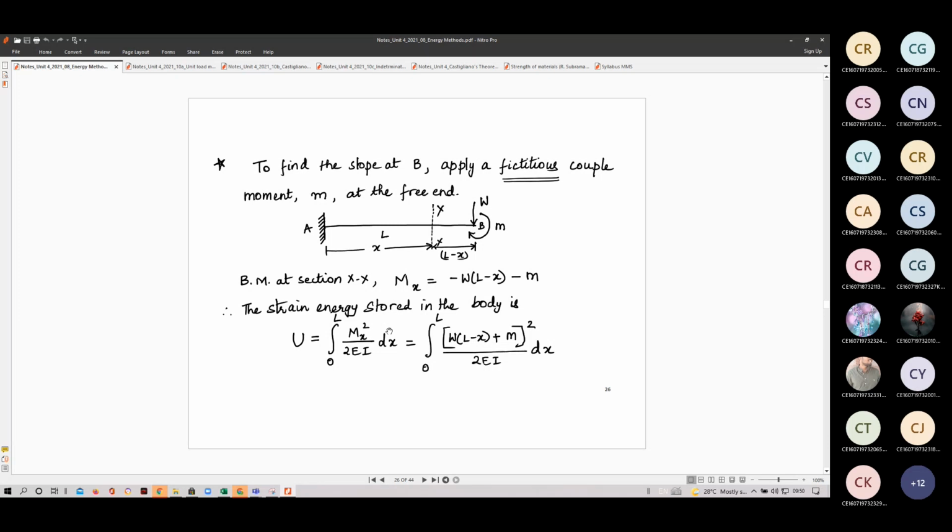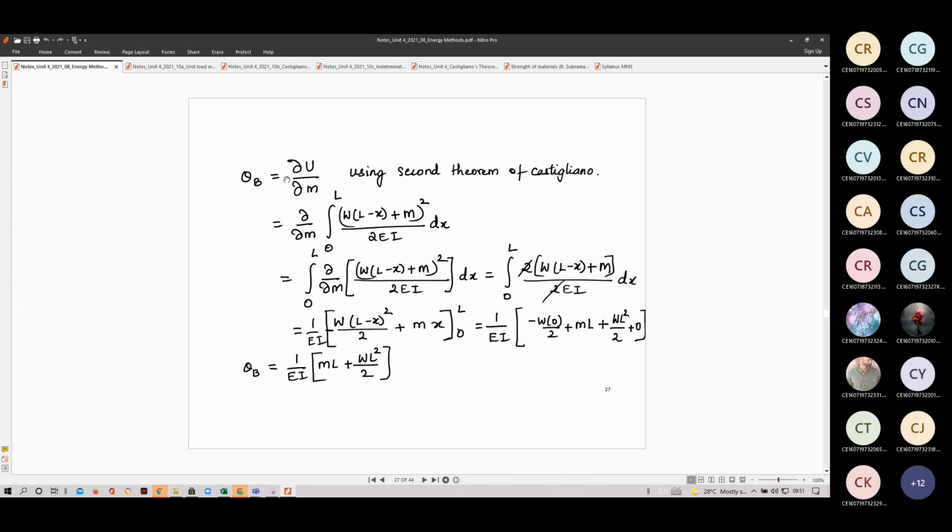Now for the strain energy stored, again integral 0 to L M square by 2 EI dx. This M I substitute here. Now to find slope theta, I have to differentiate this strain energy with respect to this fictitious moment m. So that's what I do first.